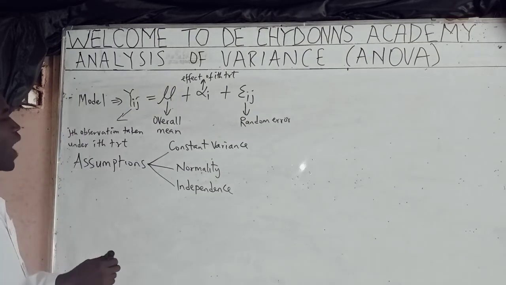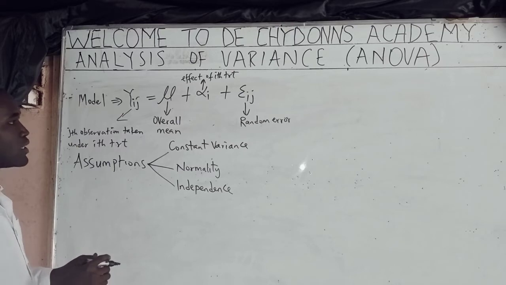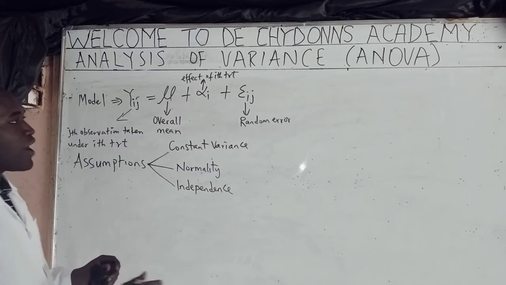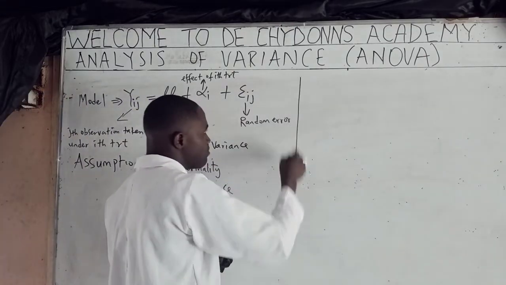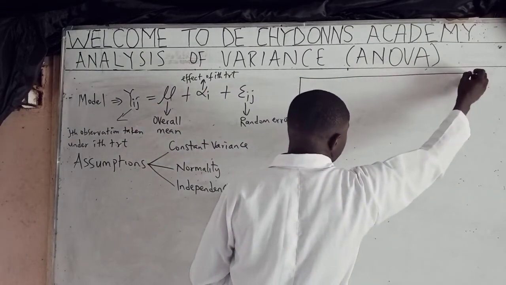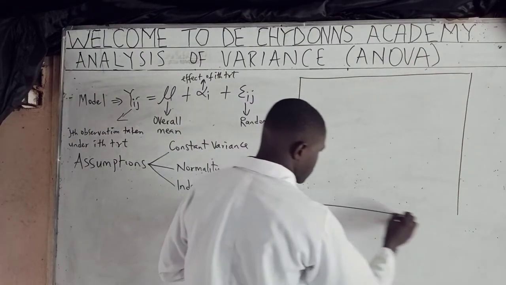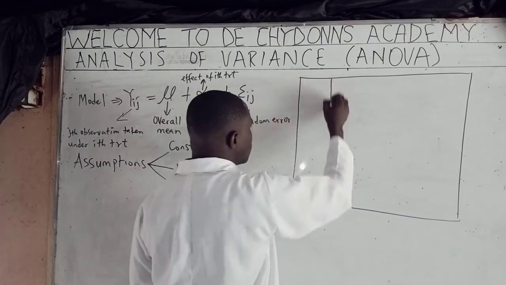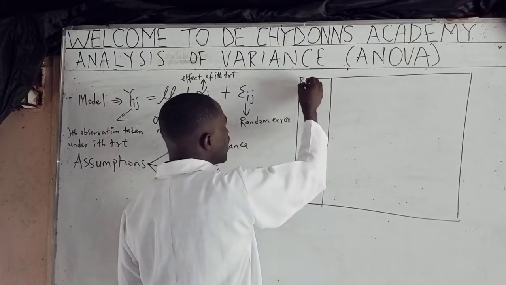This one-way ANOVA has a table that we call the one-way ANOVA table. Look at what makes this up. The first one is source of variation.